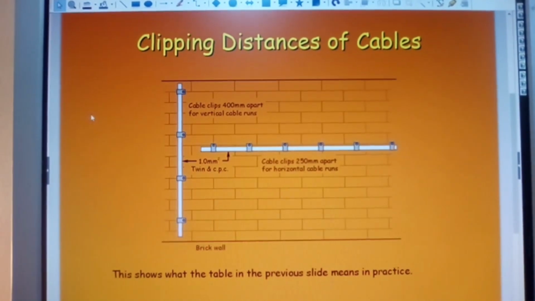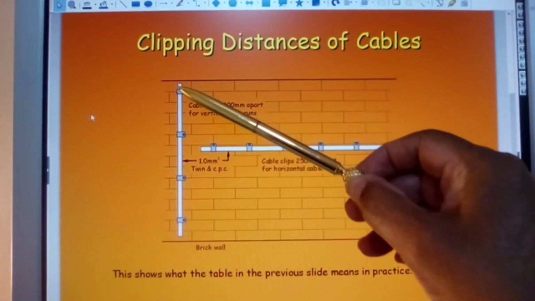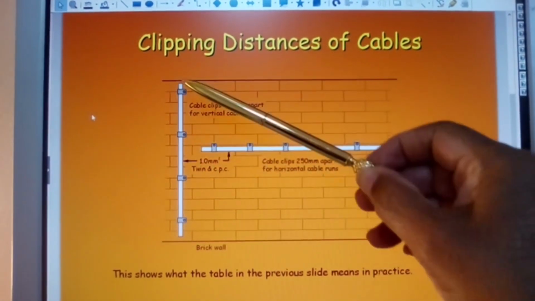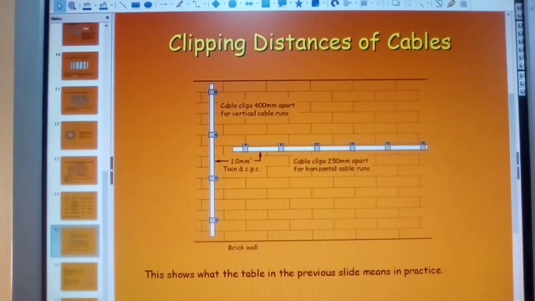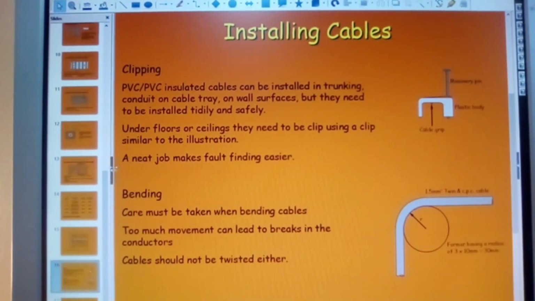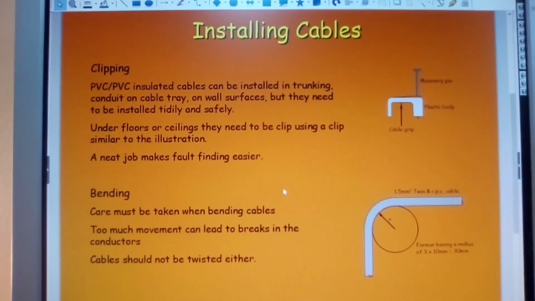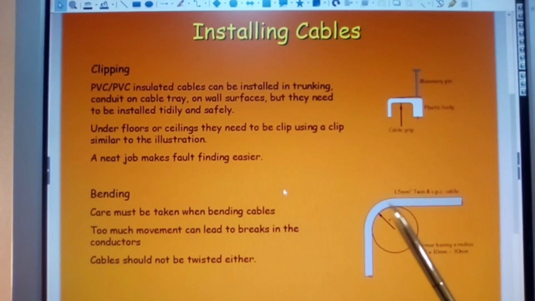Clipping distances of cables. Clipping distance means from clip to clip, so that each clip is an equal distance apart. Installing cables, the bend radii must always be observed.